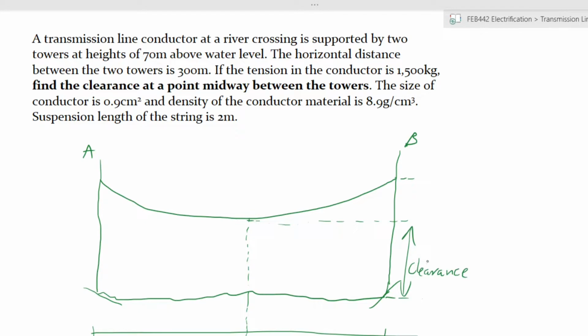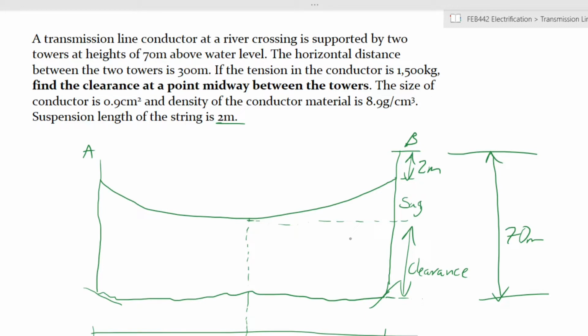And we know it is 70 meters high. However, the suspension length of the string is 2 meters, meaning from the top to the point where the string is suspended is 2 meters. We know the total height of the tower is 70 meters. You can also calculate the sag in order to find the clearance. So 70 meters is equal to clearance plus sag plus the suspension length, which is 2 meters.